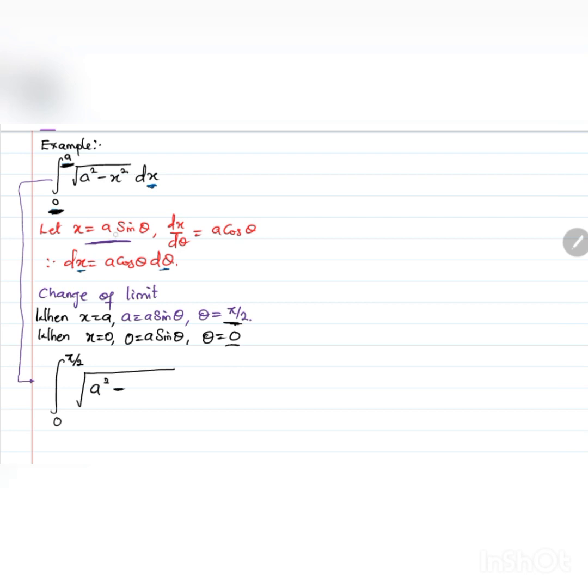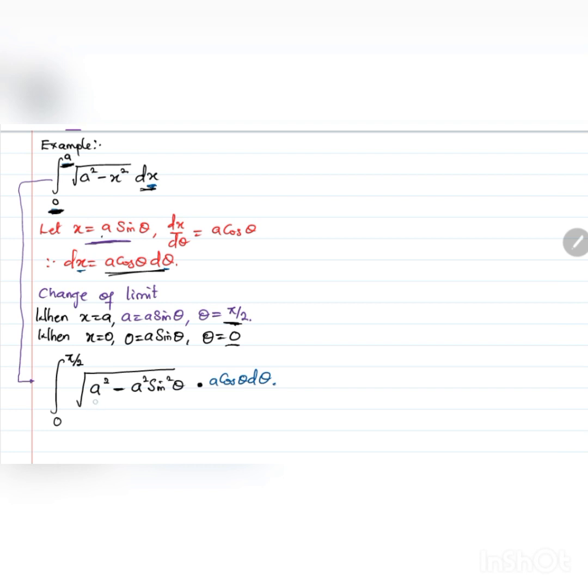What is x? x is a sine theta, that's a sine theta all square, which is the same thing as a square sine square theta, okay? dx, what is dx? dx is the same thing as a cos theta d theta, that's times a cos theta d theta. Okay, so this is what we want to integrate. Now we've been able to change the question from with respect to x to with respect to theta.